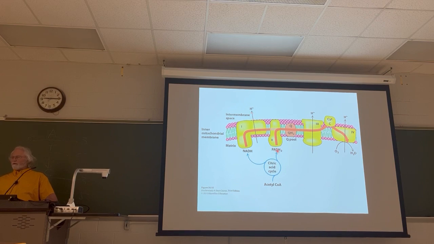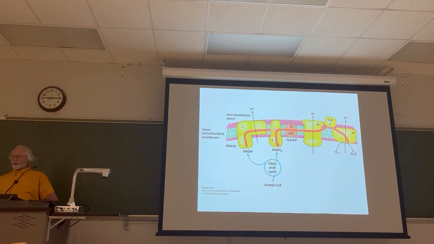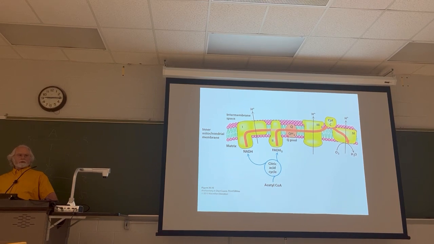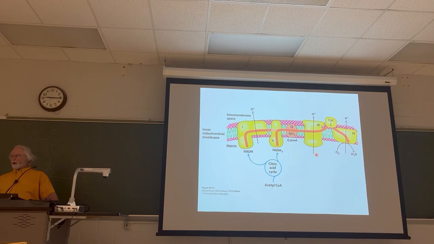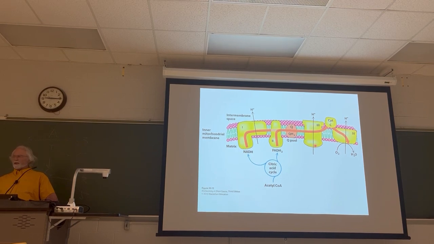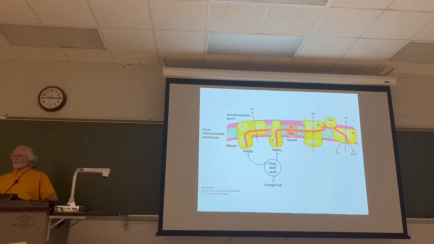The electrons from FADH2 generated in the citric acid cycle are donated to coenzyme Q, which can move to complex 3. Complex 3 uses that electron transport to pump protons to the space. The electrons are transferred to cytochrome C, which then goes to complex 4, and complex 4 is also a proton pump. So three proton pumps in this pathway. And finally, electrons are donated to oxygen to make water.